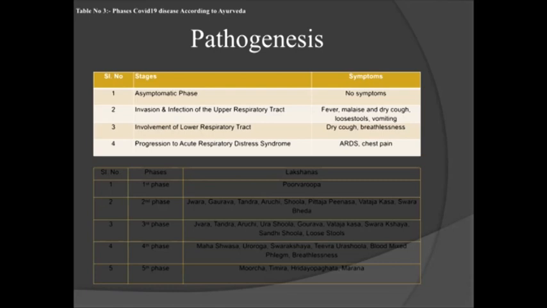In the fifth phase, we can see the complications. That is, it may be mucormycosis or aspergillosis, or cases of cytokine storm, which is seen after acute respiratory distress syndrome.